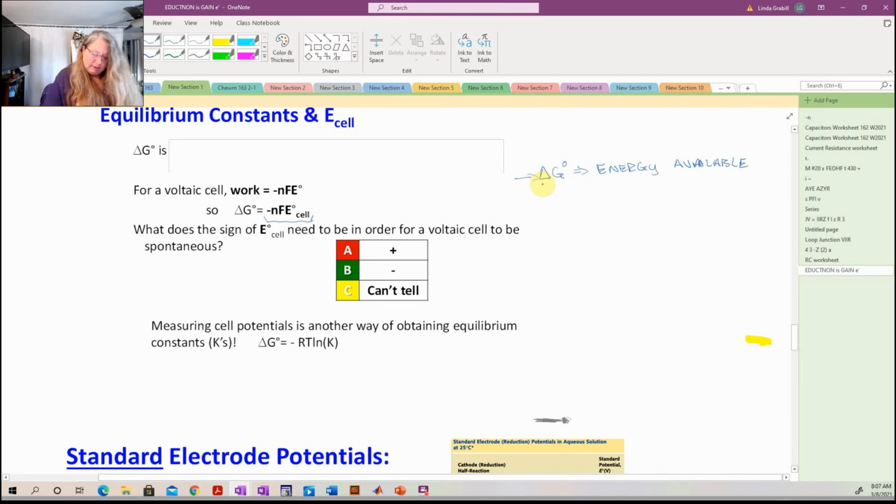And do you remember, I might not remember, for something to be spontaneous, a negative sign for delta G means it's spontaneous. In 161 or 162, you define that in terms of enthalpy and entropy, where we said, here's my enthalpy, delta H, plus my, I just forgot about my entropy, my delta S. I'm trying to remember if there's a natural log in there.